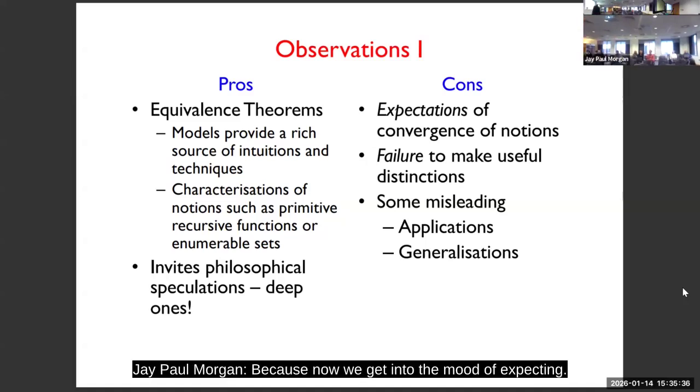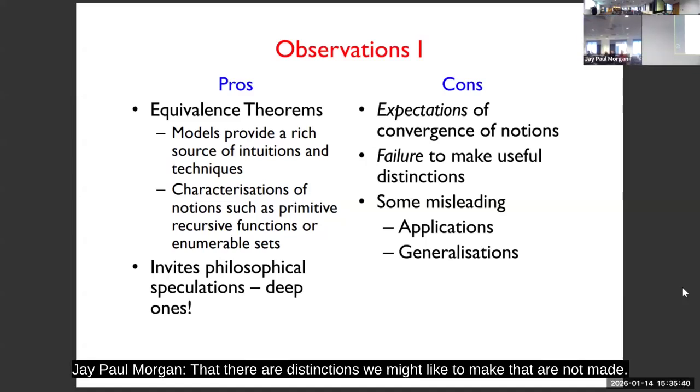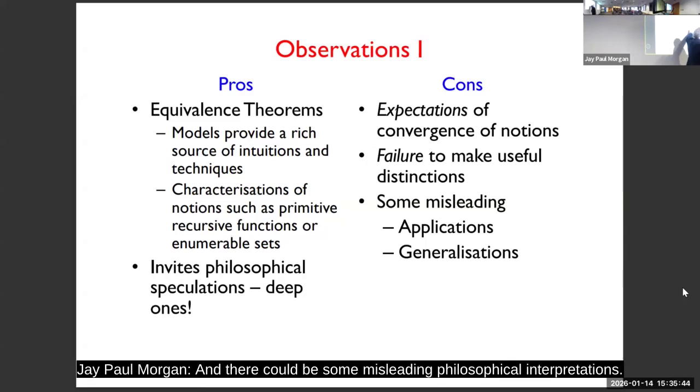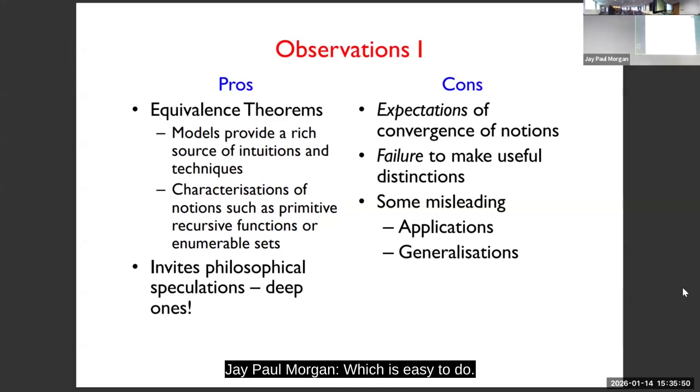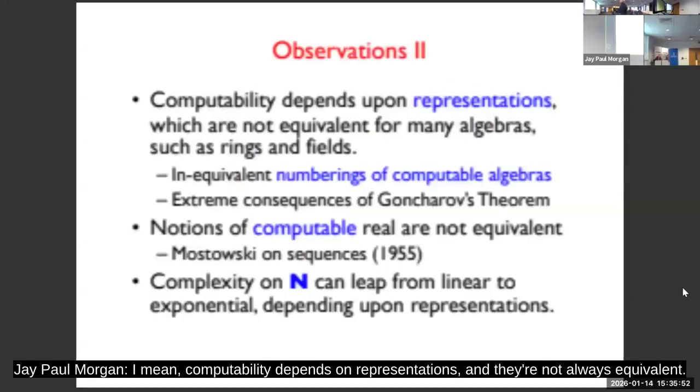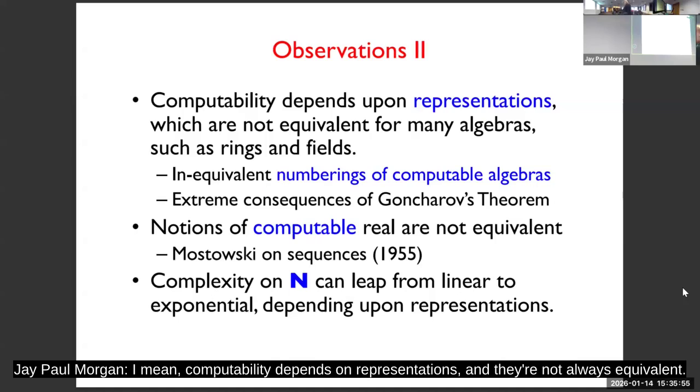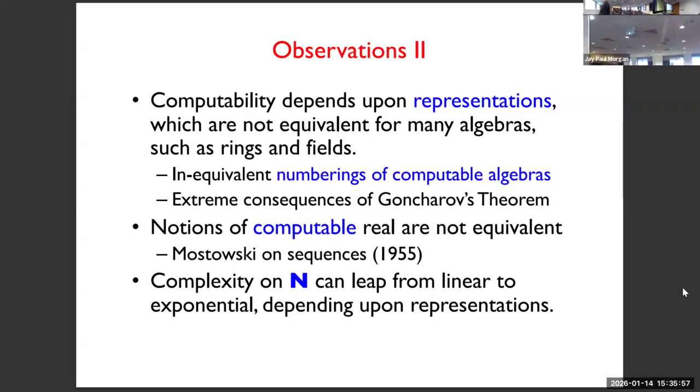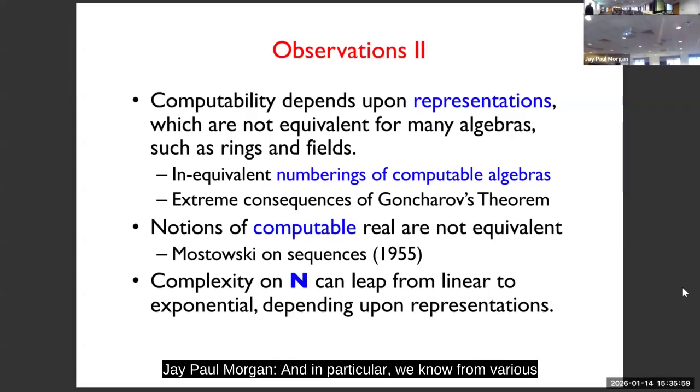But there are cons, because now we get into the mood of expecting notions to converge. There are distinctions we might like to make that are not made, and there could be some misleading philosophical interpretations, which is easy to do. Computability depends on representations, and they're not always equivalent.